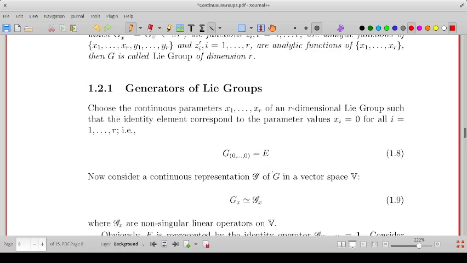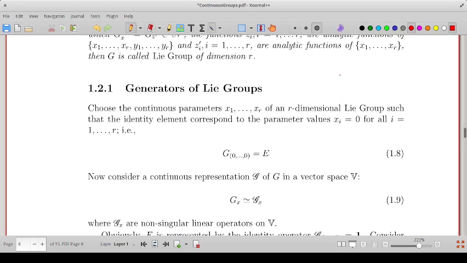Now we consider what are called the generators of Lie groups. The continuous parameters are r in number for an r dimensional Lie group, and we denote them by x1 etc. up to xr. And let us choose these continuous parameters such that the parameters for the identity of the group is simply 0, 0, 0 and 0 for all r parameters.